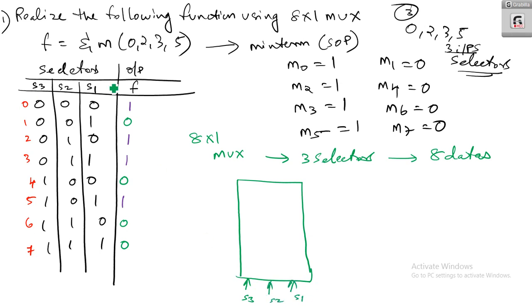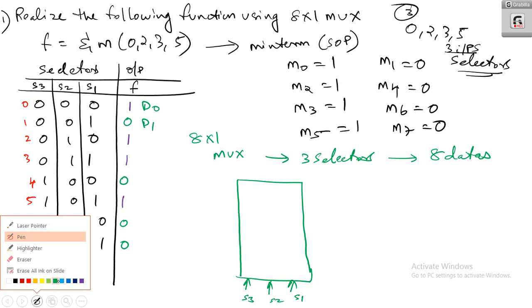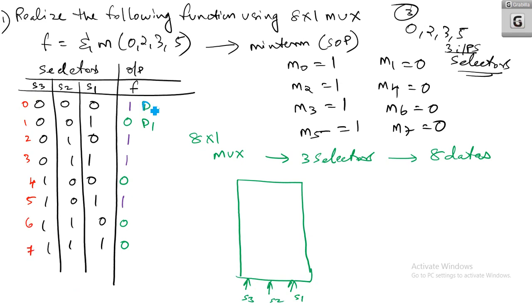So how many data inputs are there? Here the data inputs are D0, D1, D2, D3, D4, D5, D6 and D7. Here we can see that the data D0, D2, D3 and D5 is 1, and D1, D4, D6 and D7 is 0.